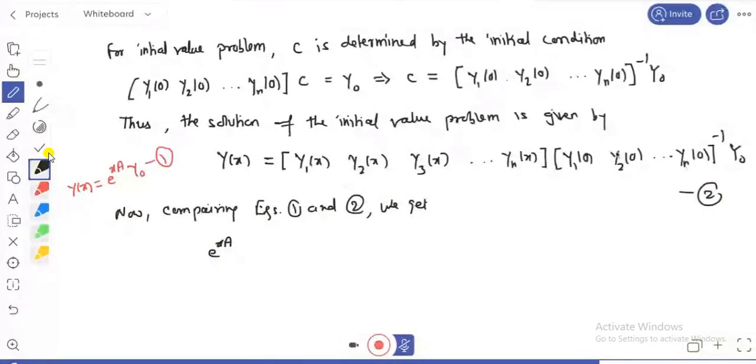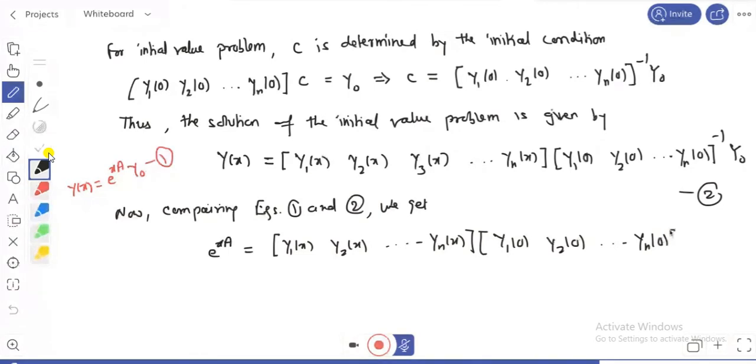So this value equals e to the power xA. This exponential matrix equals y1x, y2x to ynx, times y10, y20, yn0 inverse.